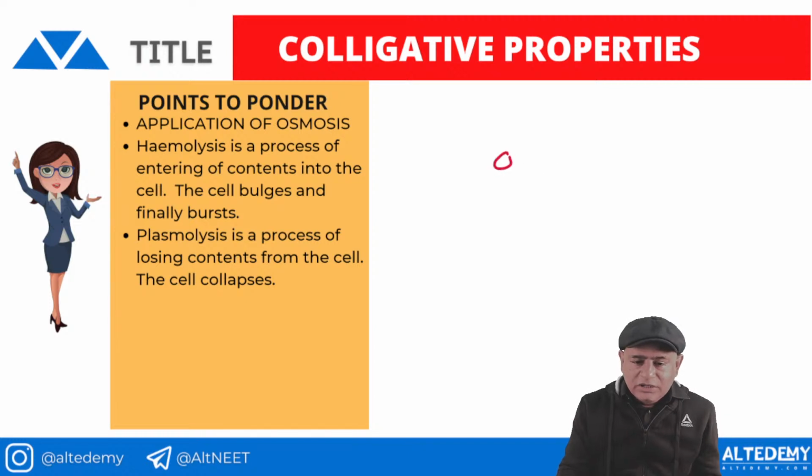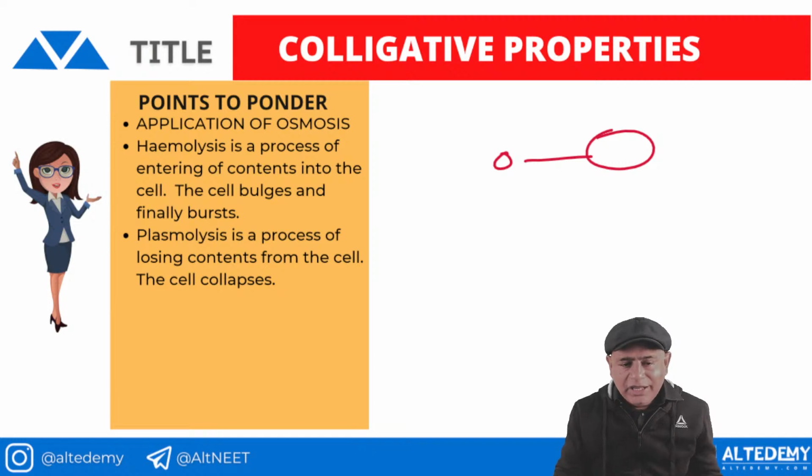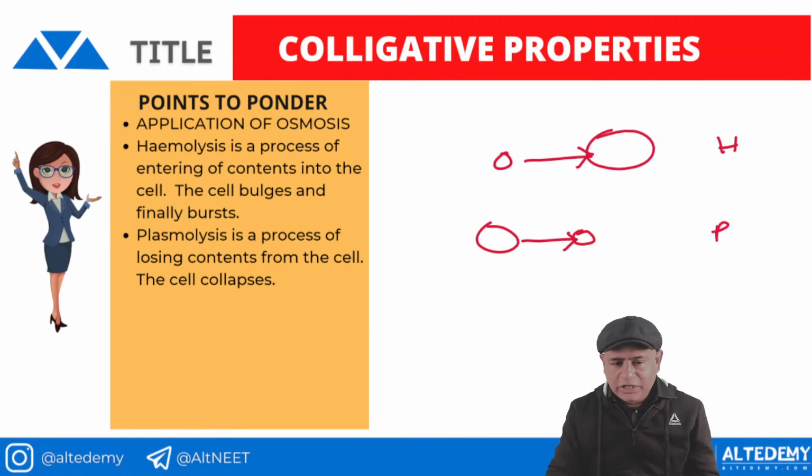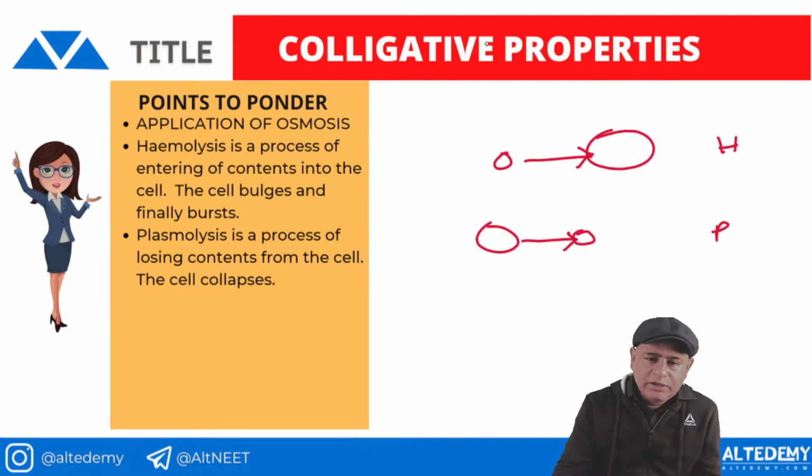Entering of contents into the cell, the cell starts bulging. That is hemolysis. Plasmolysis is the process of losing content, going from this big size to this smaller size. This is called plasmolysis. In short, you can remember it like this: hemolysis and plasmolysis.